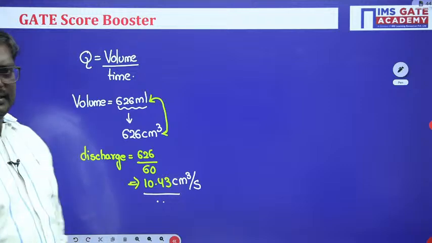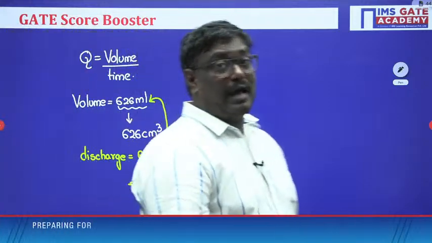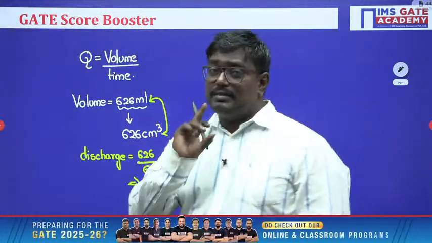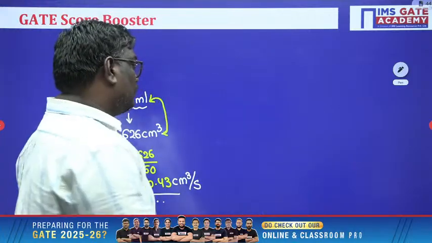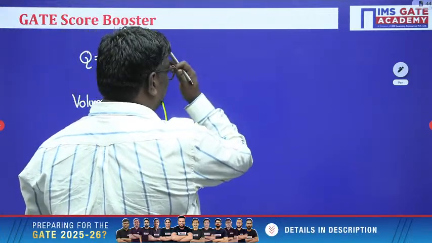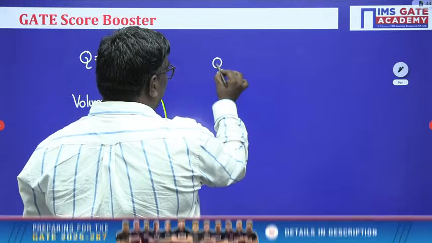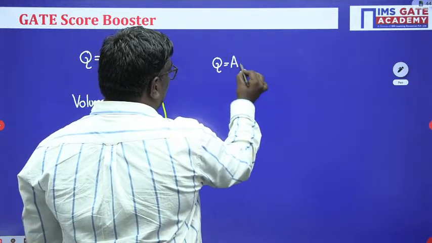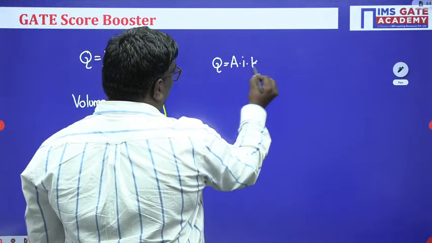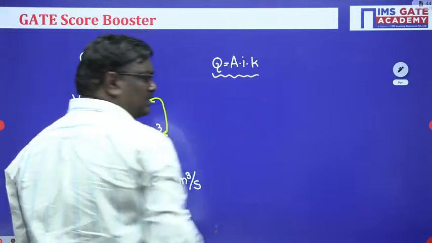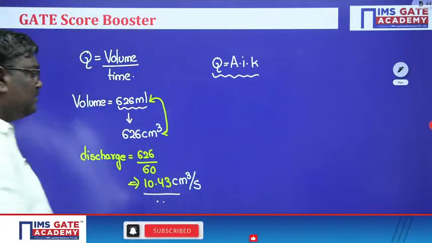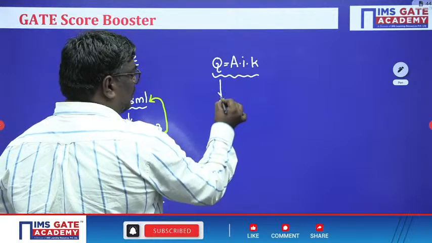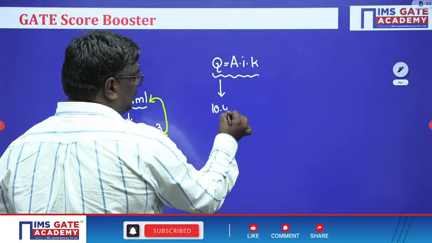Now you know the discharge, you know the area, you know the i value. The unknown is k. So Q is equal to A i k. The discharge we have is 10.43.